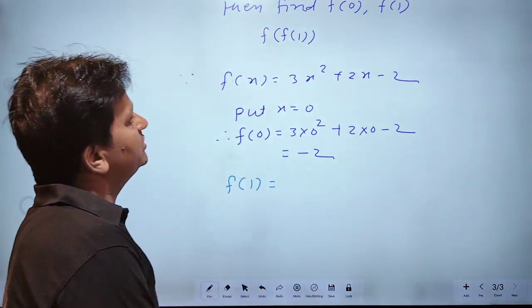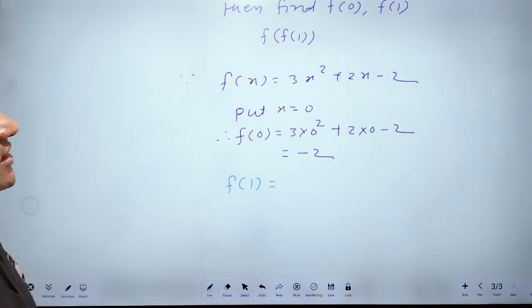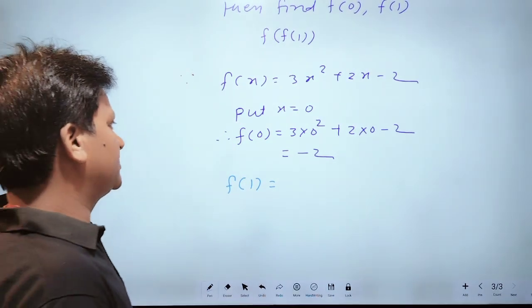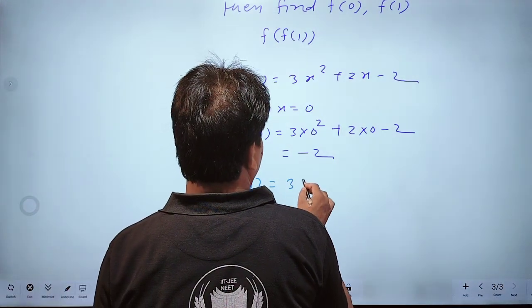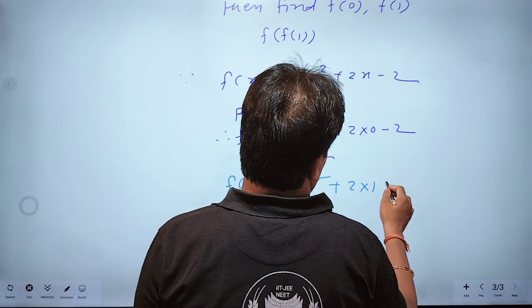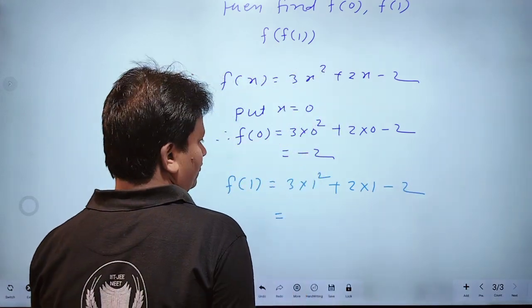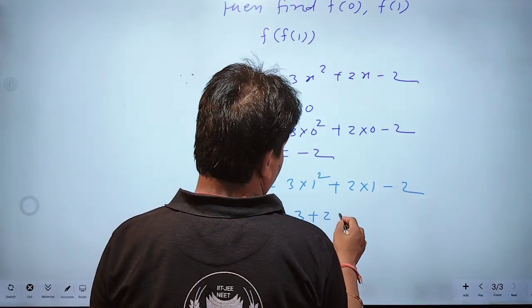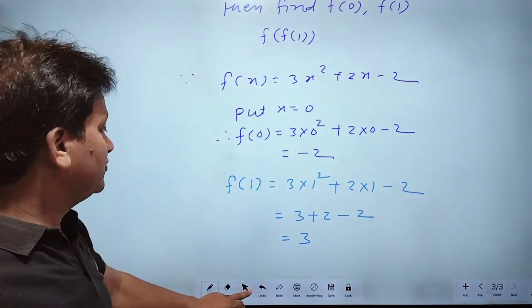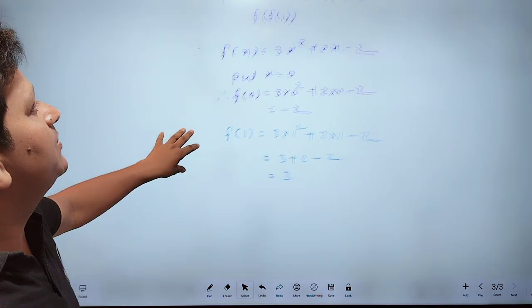Now I am going to solve this question and we have to find f(1). First of all, we put x is equal to 1 in this equation and we get our result. f(1) is equal to 3 into 1 square plus 2 into 1 minus 2. What is this? 3 plus 2 minus 2 is equal to 3. Now we have to find f of f(1).